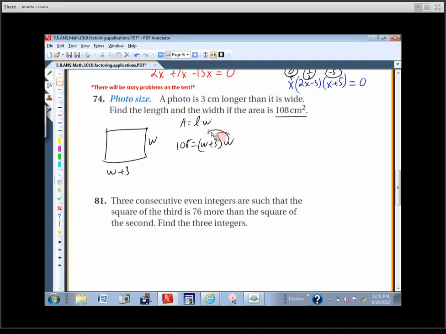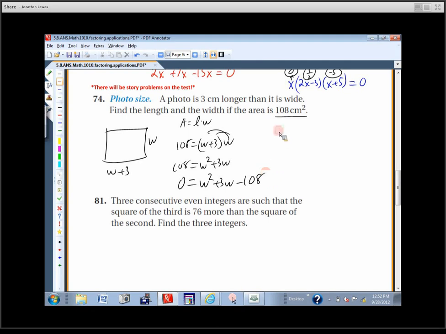So we distribute through, w squared plus 3w. Move the 108 on the other side, so I have 0 equals w squared plus 3w minus 108. And then I need to factor that. So if you need a calculator for this, I mean, this is a great test question. We need numbers that multiply to be 108 that combine to be 3.